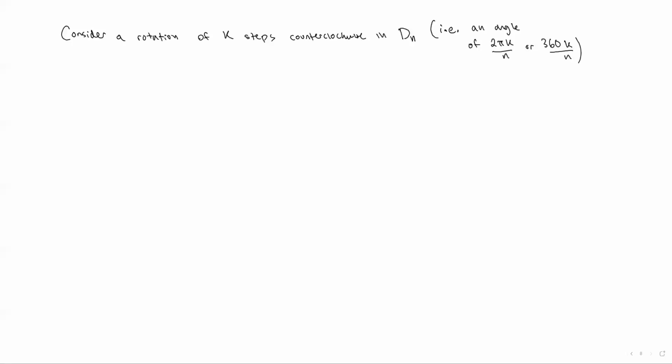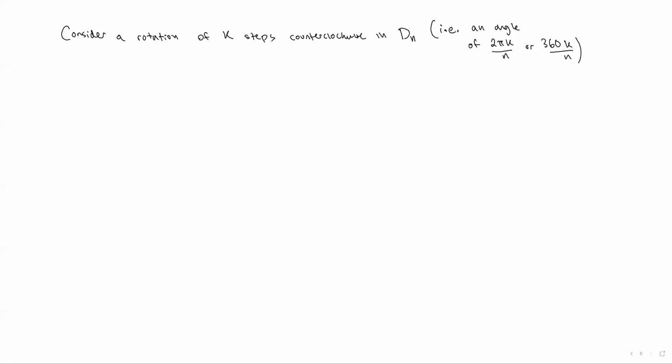I like saying steps more because Dn is something discrete, right? You only need n pieces of data to communicate what's happening in Dn. I just tell you where each vertex goes. So the whole angle thing feels a little unnecessary.